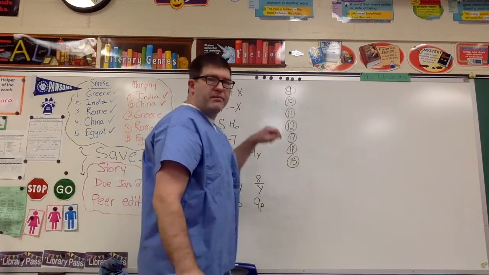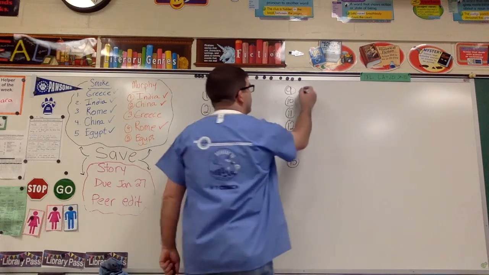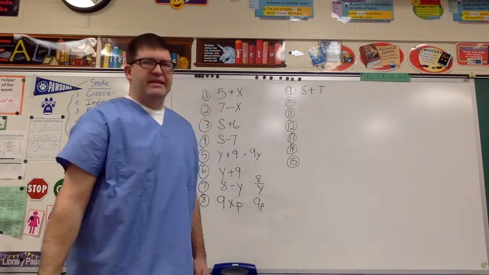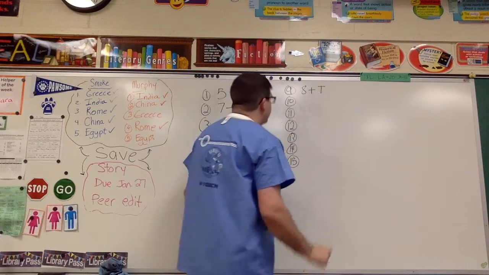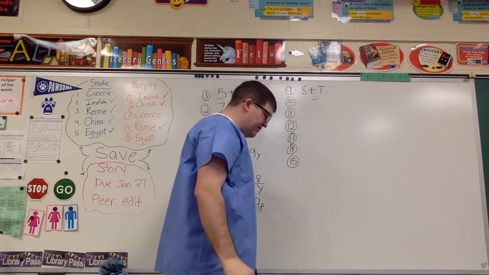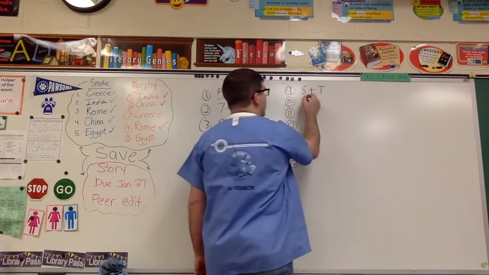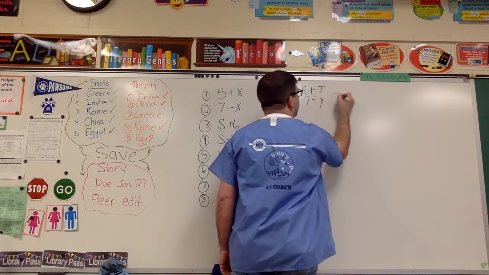Okay, let's go up to number 9. The sum of 8 and t. 8 plus t. Sum is you're adding the two together. Number 10, quotient. Again, I see the word quotient, so I know I have a division problem. The quotient of 7 and y. 7 divided by y.